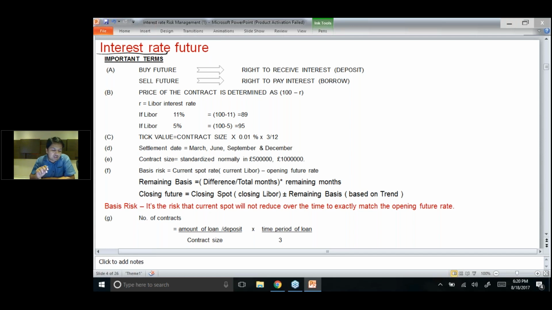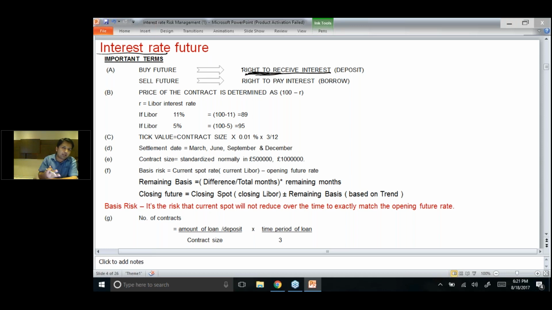So remember these two terminologies. If you want to receive interest, you will enter into a contract by buying future. And if you want to pay interest, you will enter into a contract by selling future. So whenever you want to receive interest, obviously when you are a lender or depositor, buy future.